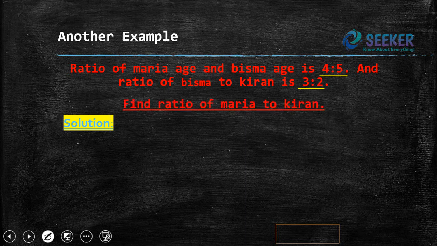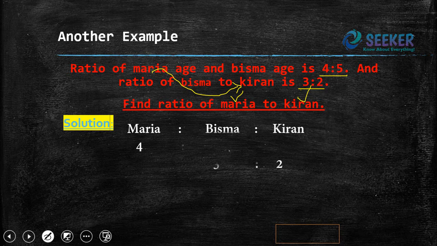So the question is to find the ratio of Maria to Kiran. Now for that we will apply the methodology of continuous ratio. Here we have 4:5 and 3:2.